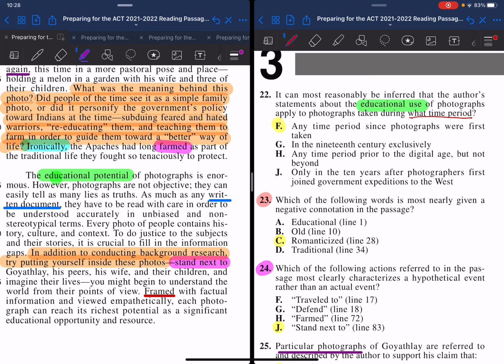Now, one thing you want to be aware of is oftentimes with these reading passages, two of them can be kind of close together. And if you noticed, devoted and committed are kind of related. Now, they have different words.